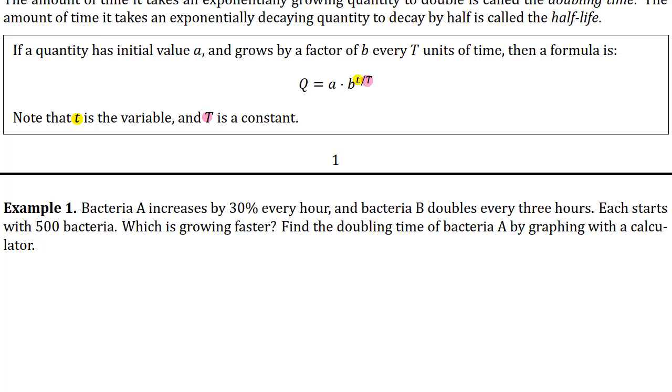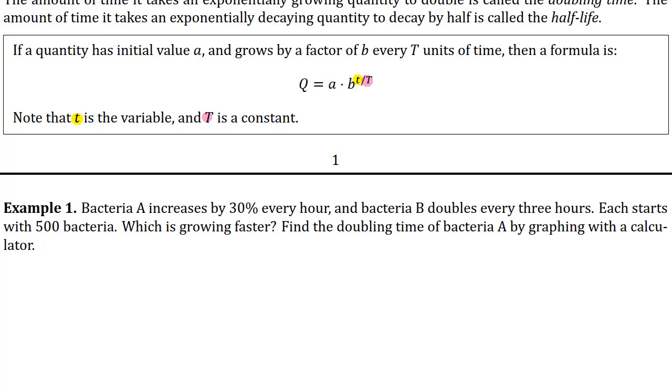If that's the way you're thinking about it, that's totally reasonable. But it's not exactly how it works. Increasing by 30% 3 times, we're going to see, is not actually the same thing as increasing by 90%, which is a weird thing about exponential functions.